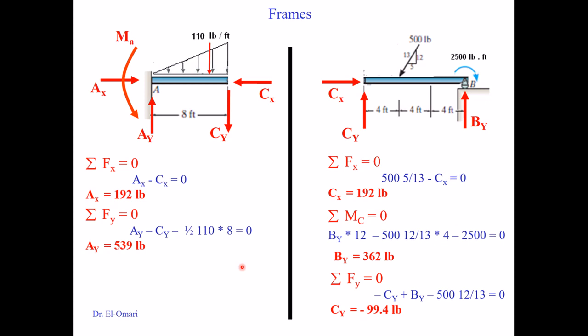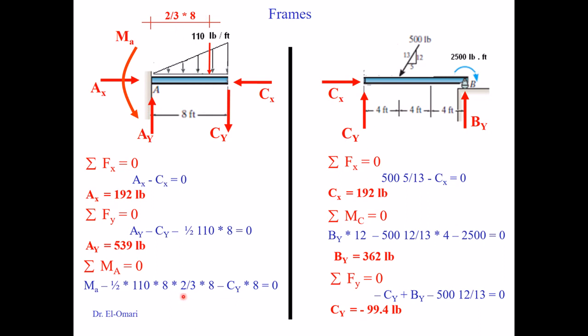Continue, sum of the moments about A. Now the remaining is to find this moment, and so counterclockwise is positive, that's why MA is positive. And then we have for this distributed load, that's the resultant, which is half times 110 times 8, and then the moment arm, which is the centroid of a triangle that acts about 2/3 of that distance 8.